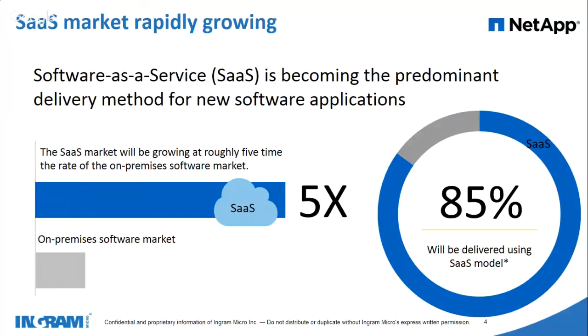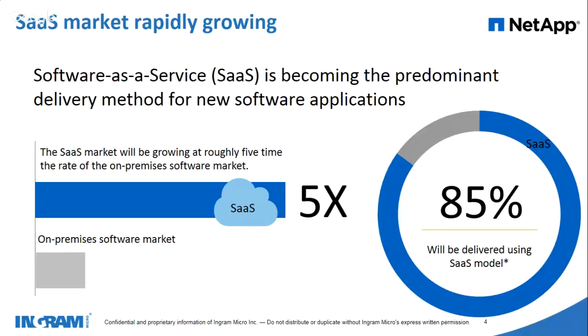When compared with the on-premise market, software as a service would take over 85% of the market share, where every other application that we use today would be delivered via the cloud on a pay-as-you-go and pay-as-you-use basis.